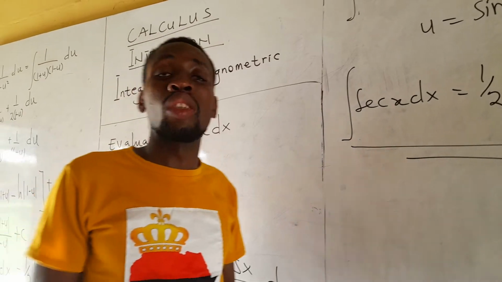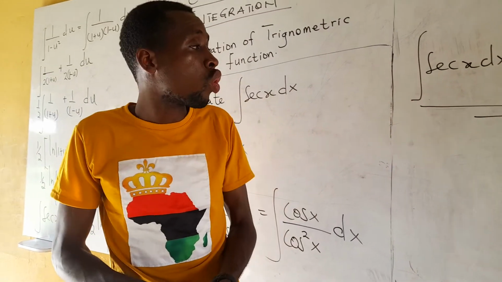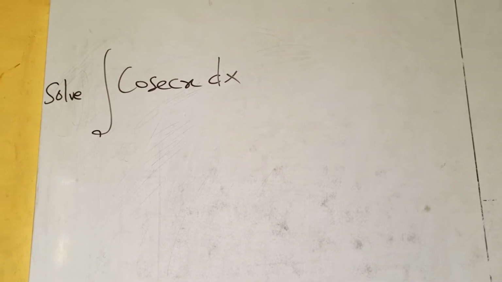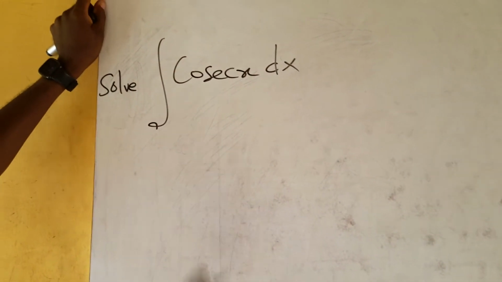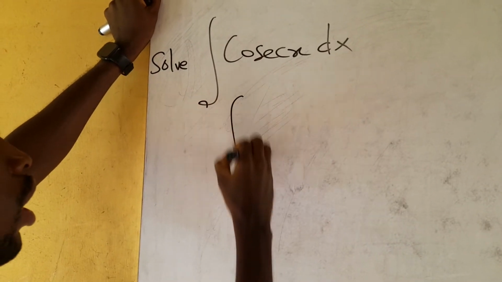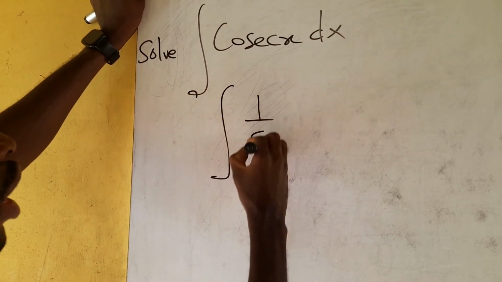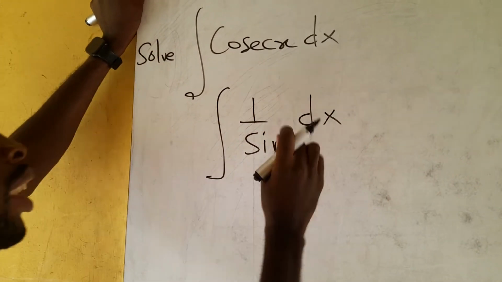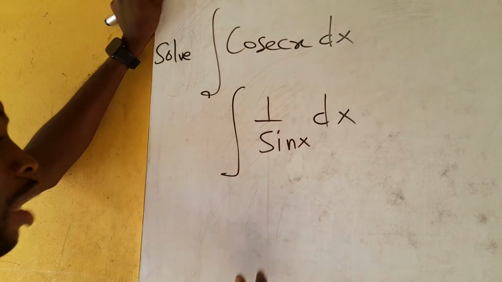The next one is cosec. How do we integrate cosec x? So we are going to find the integral of cosec x dx. Remember, cosec is 1 over sin x. I'll multiply both the numerator and the denominator by sin x.